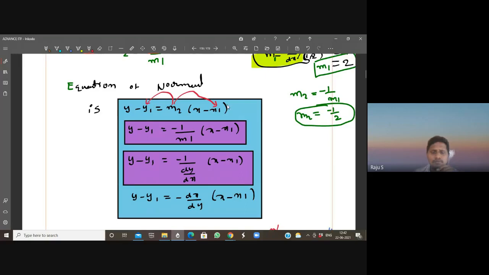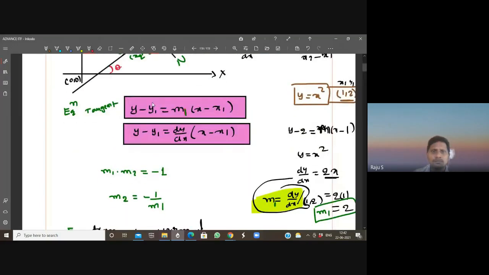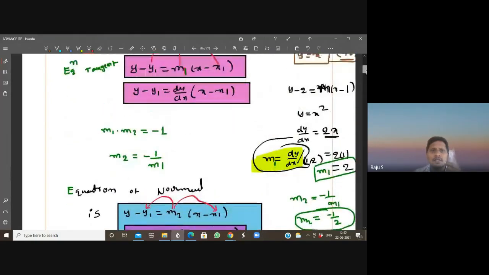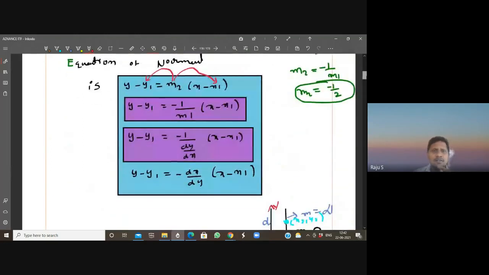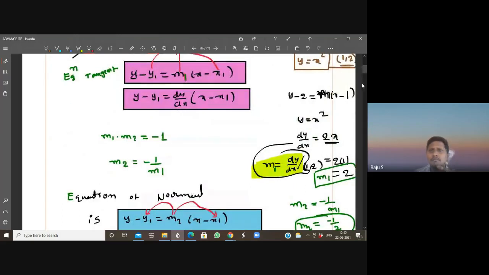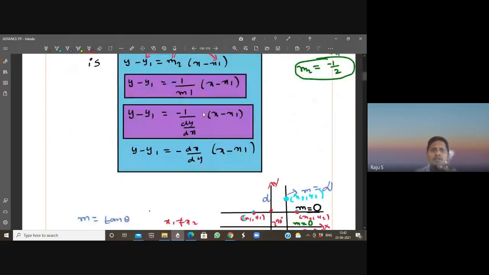Slope point form directly gives the equation of the tangent. When we find the slope of the tangent, finding the normal is very easy. If the slope of the tangent is m1, then the slope of the normal is minus 1 by m1. That's all. The point will be the same; the slope alone will change.